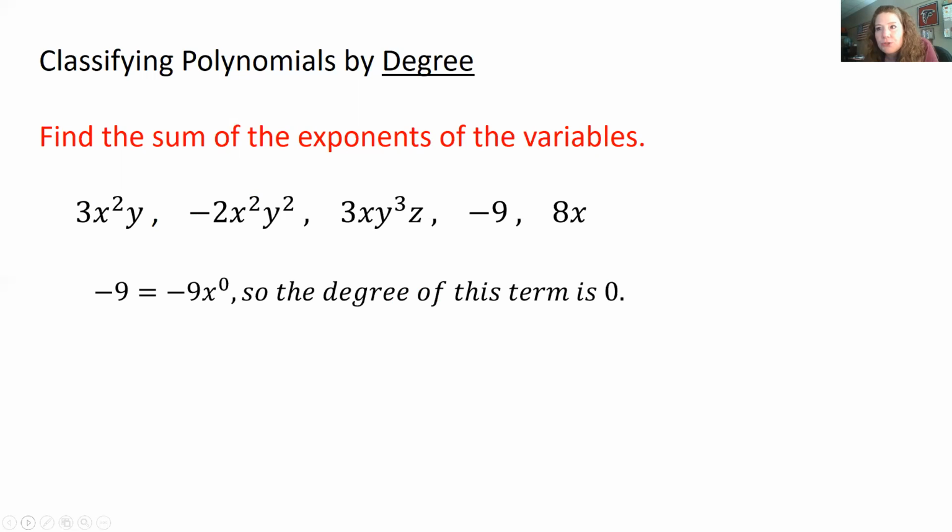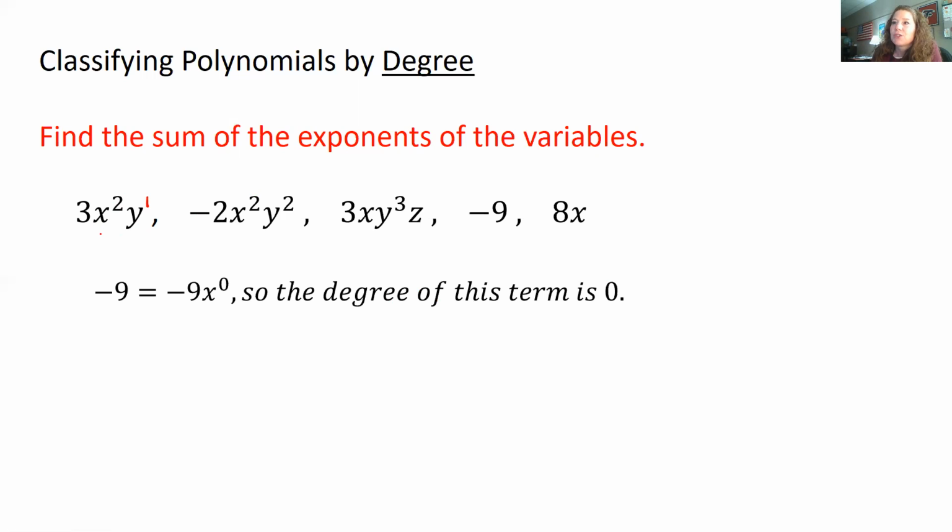Okay? All right, now you can classify polynomials by degree. The way you get your degree is you add up the exponents that belong to the variables. We do have a coefficient of 3, but we're just worried about the exponents attached to our variables. Remember, if you don't see an exponent on a variable, it's a 1. Then you add up those exponents. 2 plus 1 is 3.